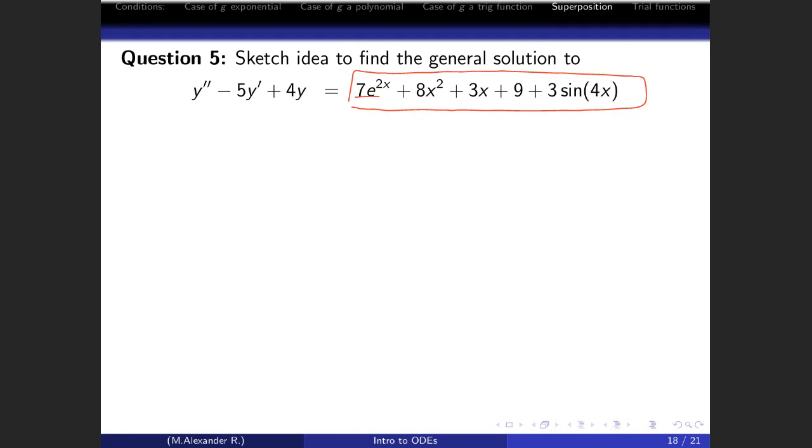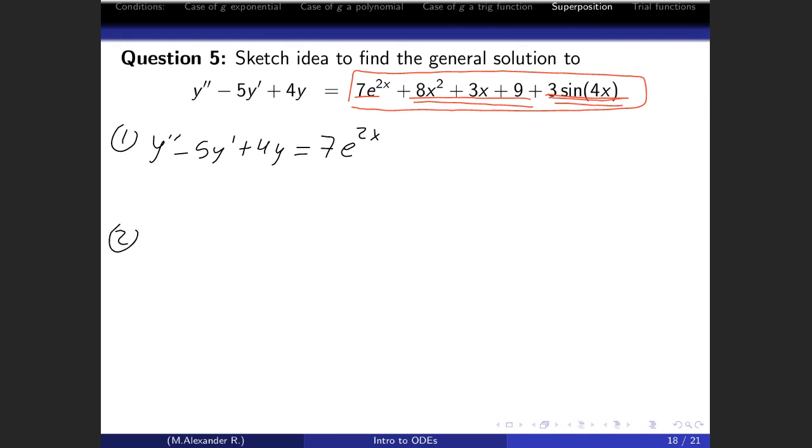So 1, 2, and 3. And what I mean by that is the following. We're going to solve 3 different problems. Problem number 1 is, here's your differential equation, y double prime minus 5y prime plus 4y is equal to your 7e to the 2x.